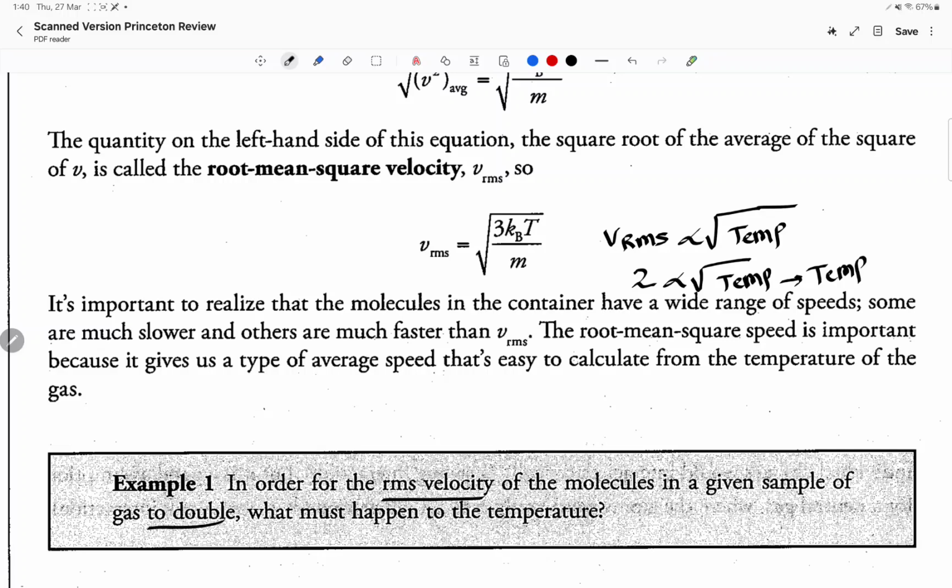You square both sides, correct? So if you would square the 2, you get a 4. So temperature had to go up by a factor of 4, essentially. Make sense? Yes. Okay, let's do example 2.